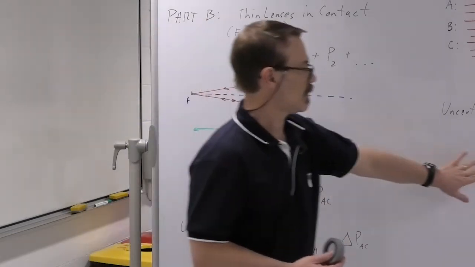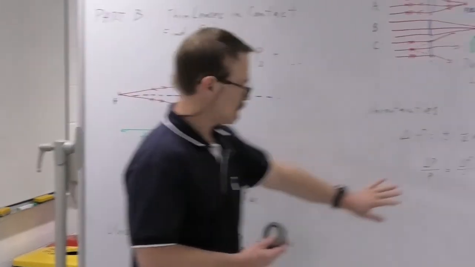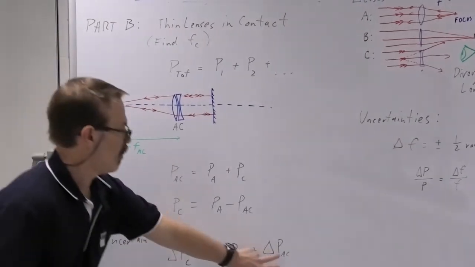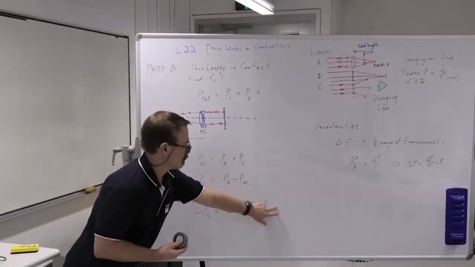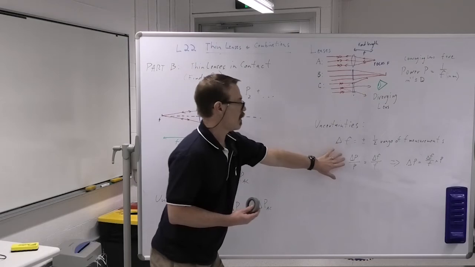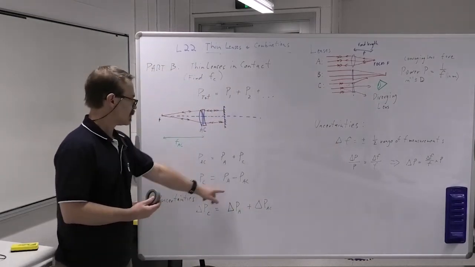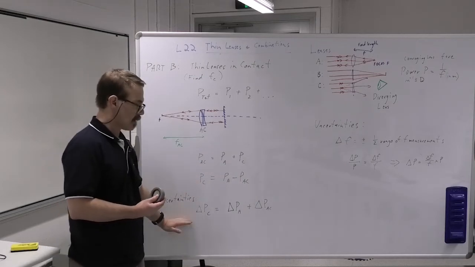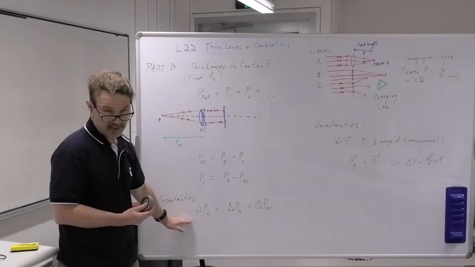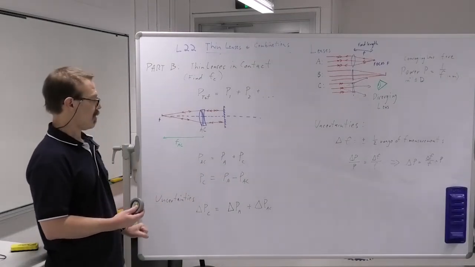You will need the relative uncertainties to get this one here from before, but remember, because this is addition subtraction, you need the absolute uncertainties. There's a trap for people who are not paying attention.